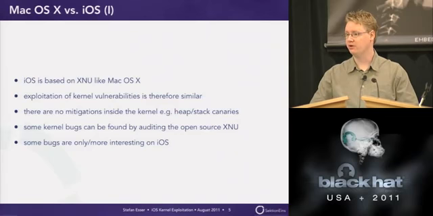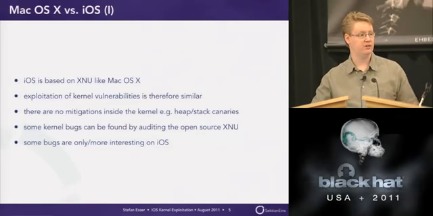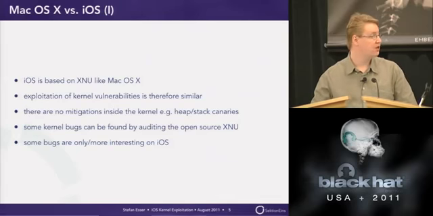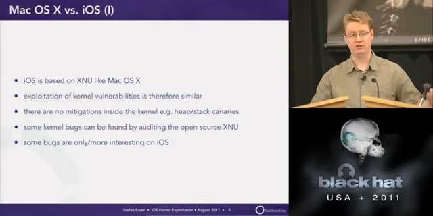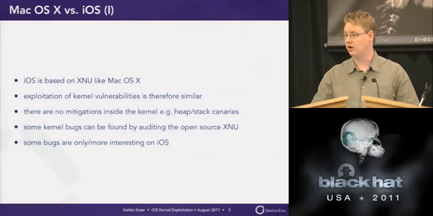When you look at the macOS kernel or iOS kernel, you will see that there are no mitigations against kernel vulnerabilities inside the kernel itself. So the kernel is only trying to protect as best as possible that the user space cannot do something, with sandboxing and all this kind of stuff. But inside the kernel, there's no mitigation like stack cookies or heap canaries or something like that.